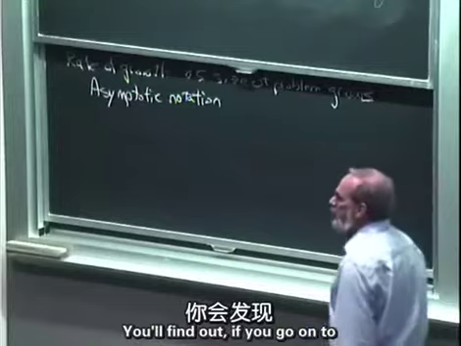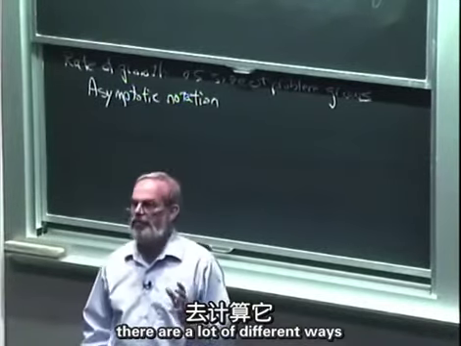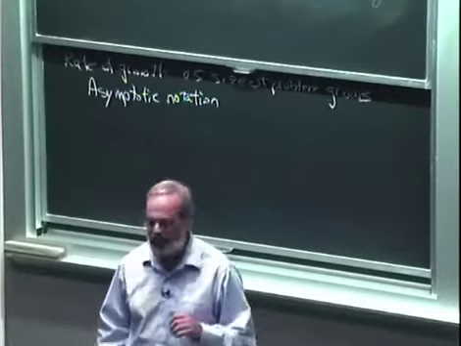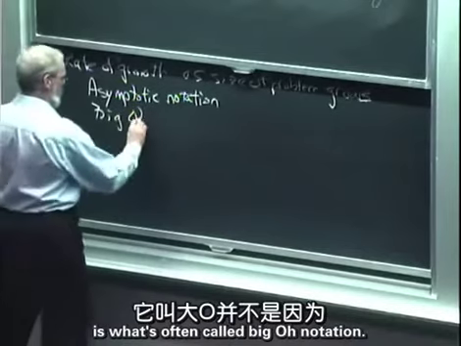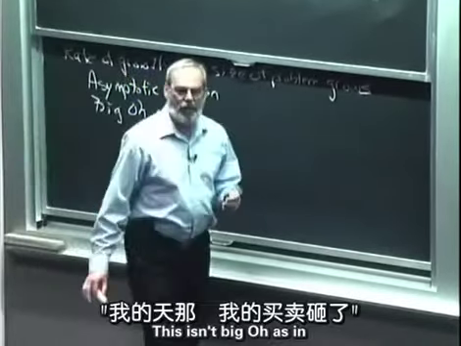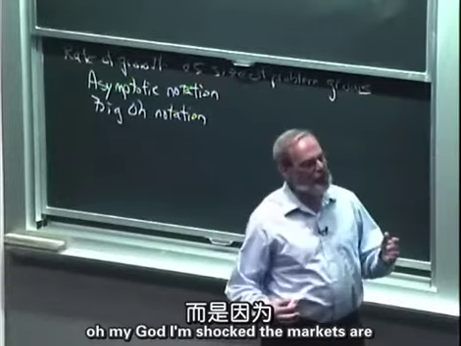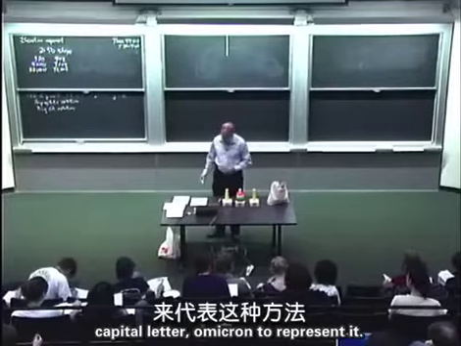Right? You'll find that if you go on to some of the other classes in Course 6, there are a lot of different ways that you can measure this. The most common one, and the one we're going to use, is what's often called big O notation. This isn't big O as in, oh my God, I'm shocked, the markets are collapsing. This is called big O because we use the Greek letter, capital letter Omicron to represent it.